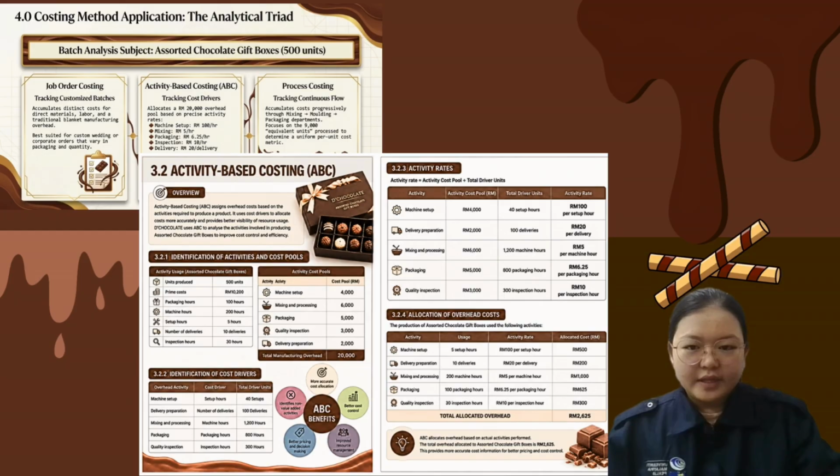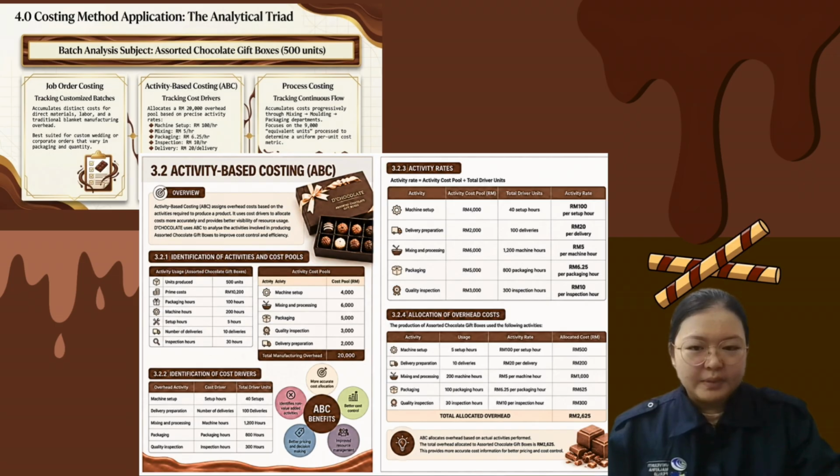Next is activity-based costing (ABC). This method allocates overhead costs based on the activities involved in production. For a certain chocolate gift box, the main activities are machine setup, delivery preparation, mixing and processing, packaging, and quality inspection. The activity rates were calculated using the cost pool divided by the total driver units.